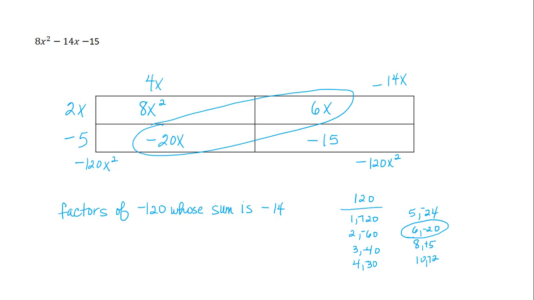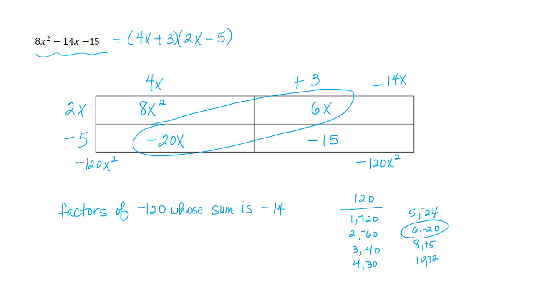And between 6x and negative 15, 3, so plus 3. So my factors are, reading across the top, 4x plus 3, and then down to the left, 2x minus 5. And if you FOIL that out, you'll see that you will get this trinomial. So I hope that helps.